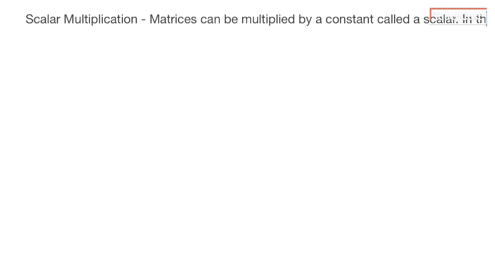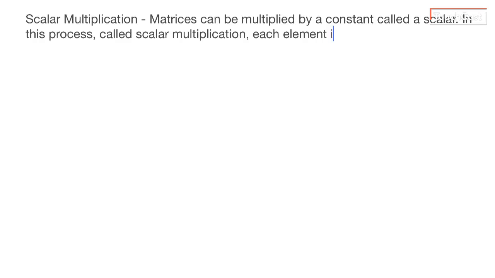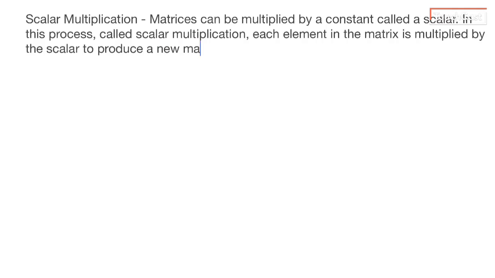In this process, called scalar multiplication, each element in the matrix is multiplied by the scalar to produce a new matrix.